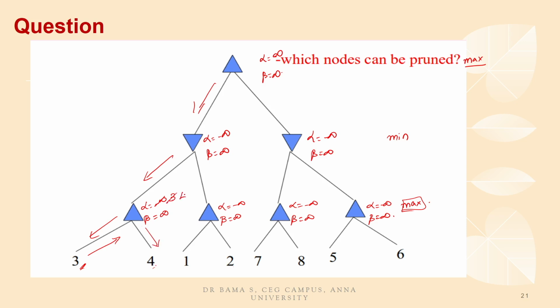So alpha gets updated to 4 and this 4 will pass through, and at this stage this is beta, this beta will get updated to 4, it will come back and see this is 1 and this is alpha, this gets updated to 1 here, and this again will go back, this 4 will continue. You can proceed and see, and in the next class please complete it and we will see which part of the tree is pruned for this question.